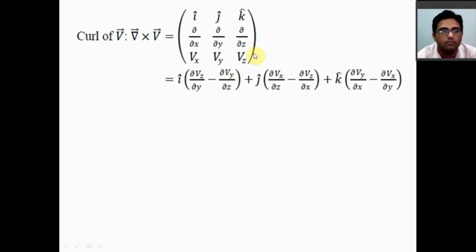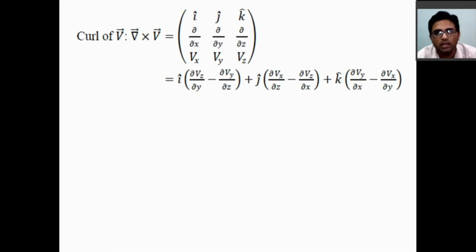Similarly, it can happen for other components also. So it doesn't mean that there will be only the x variable. There may not be any x variable, only y and z variables. So that you have to remember.